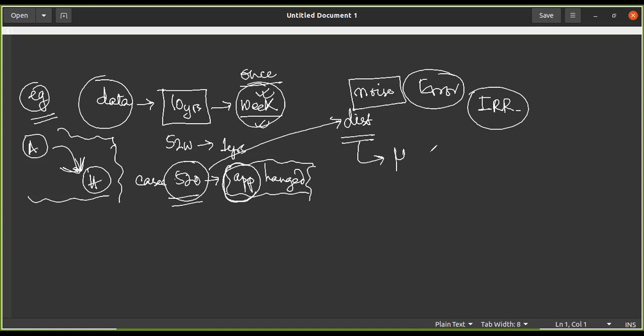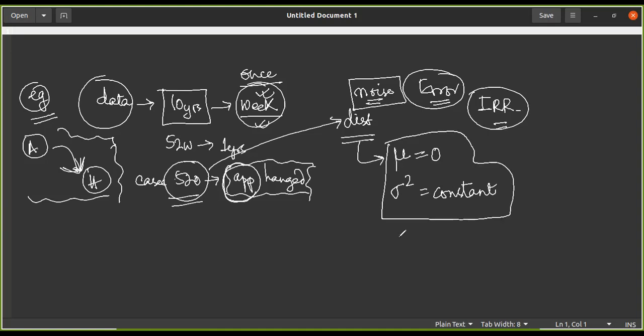Then the mean is going to be 0, and the standard deviation, or the variation, is going to be some constant value. If it is really an error, a noise or an irregularity, this is what the statistical property is going to be.